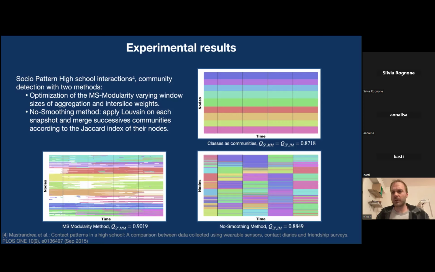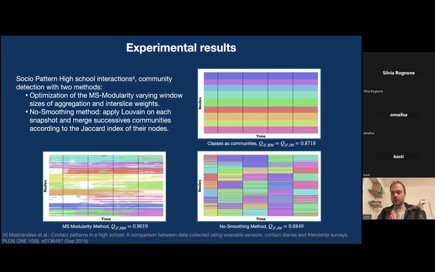If I remember correctly, it is returned with a granularity of something like 5 minutes, so the finest one we had, and a relatively low interslice weight.